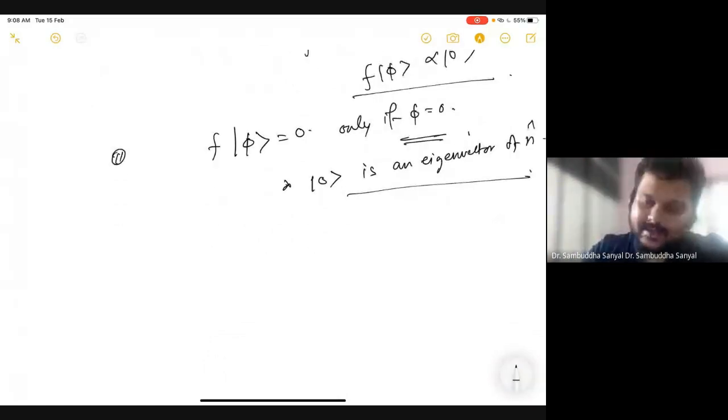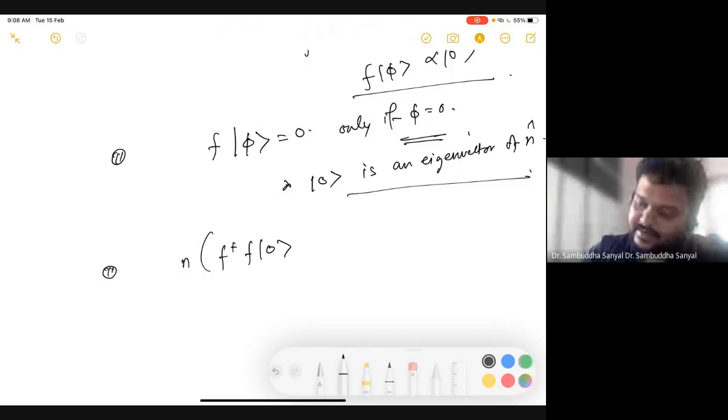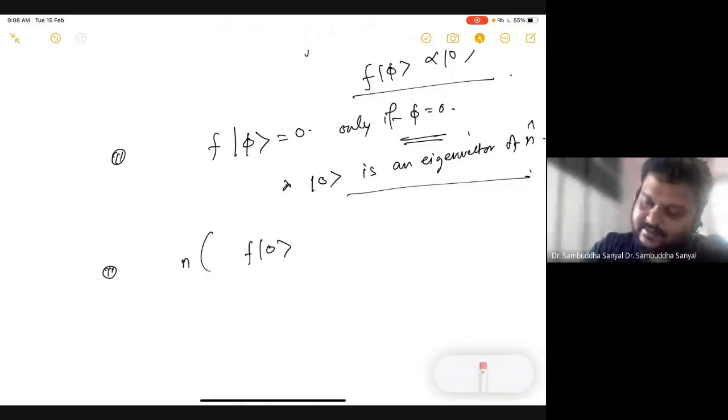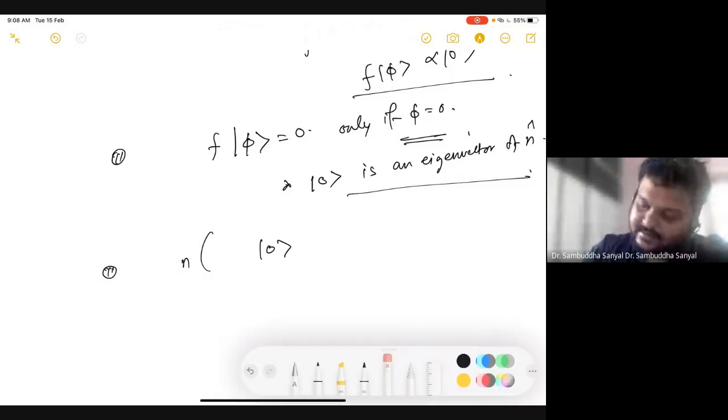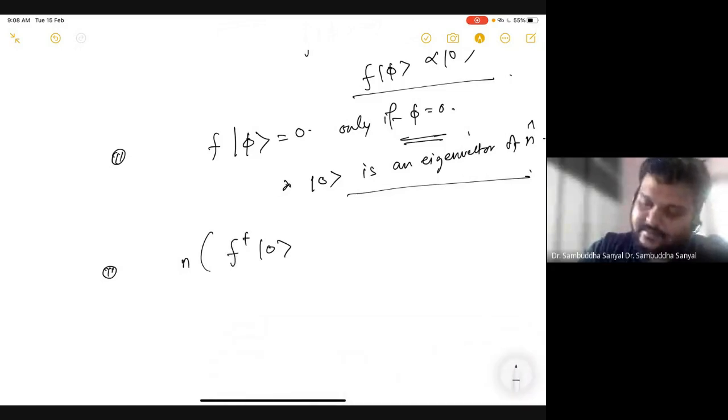So now a further exercise in f dagger 0, not f dagger f, sorry. Now I want to see where this f dagger takes us. Now we know that it is f f dagger 0.